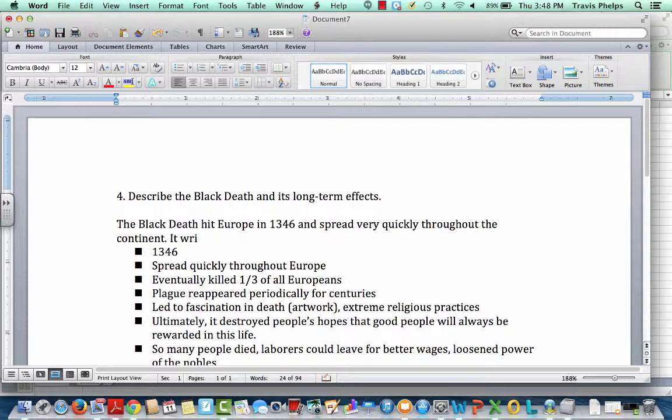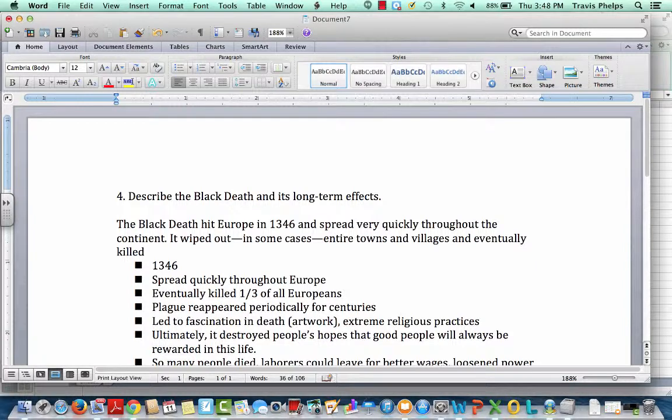It wiped out, I'll put here in some cases, because it didn't wipe out in some cases, entire towns and villages, and eventually killed 1/3 of all Europeans.